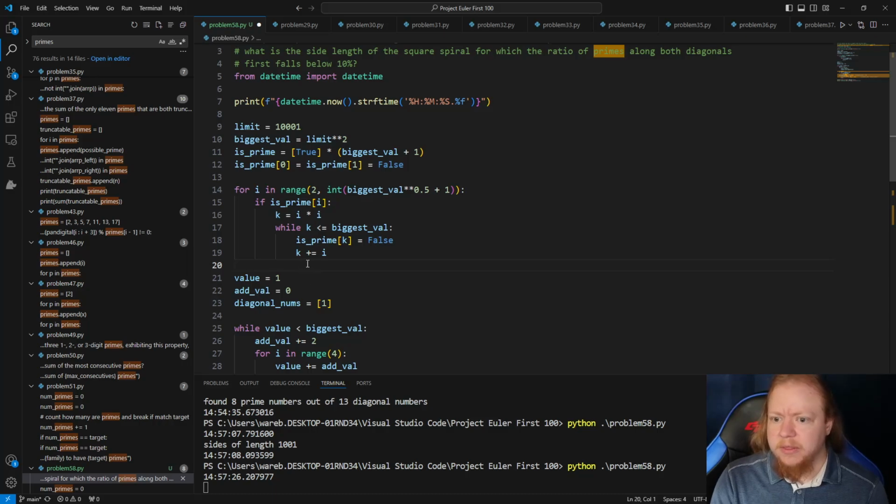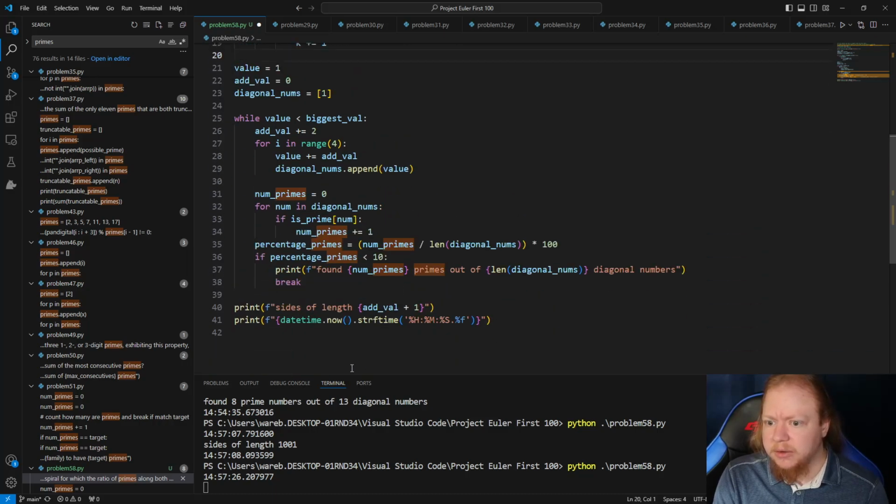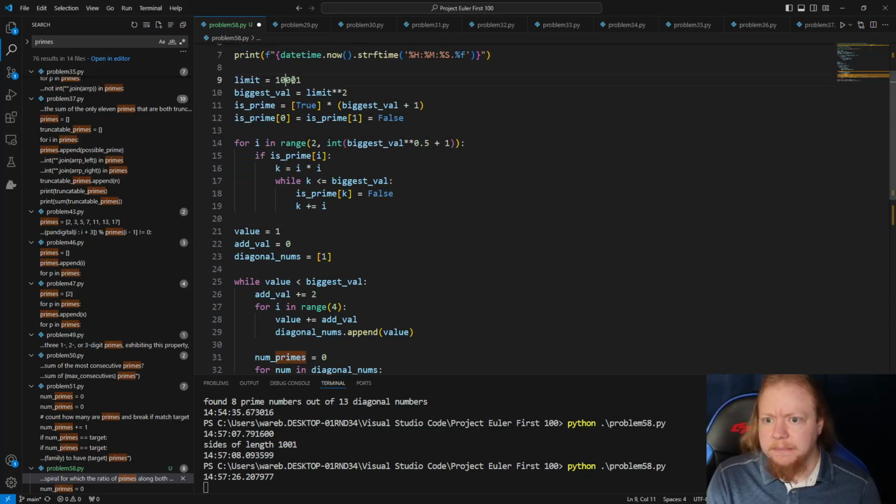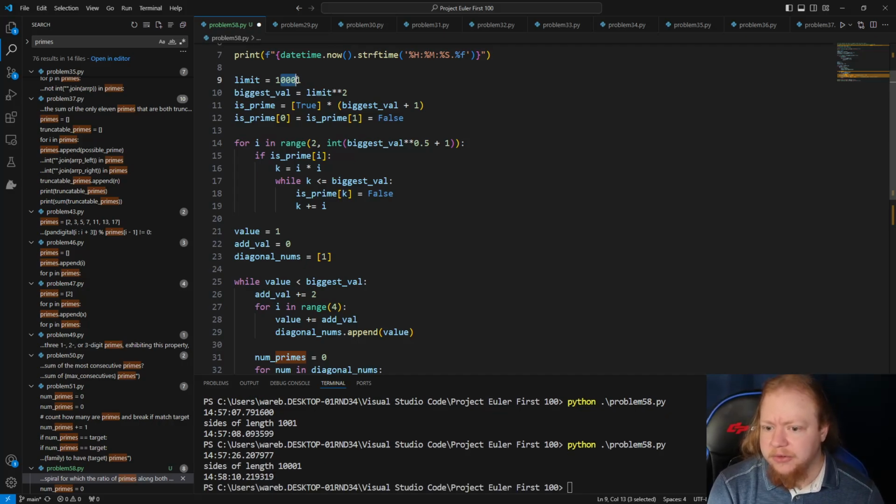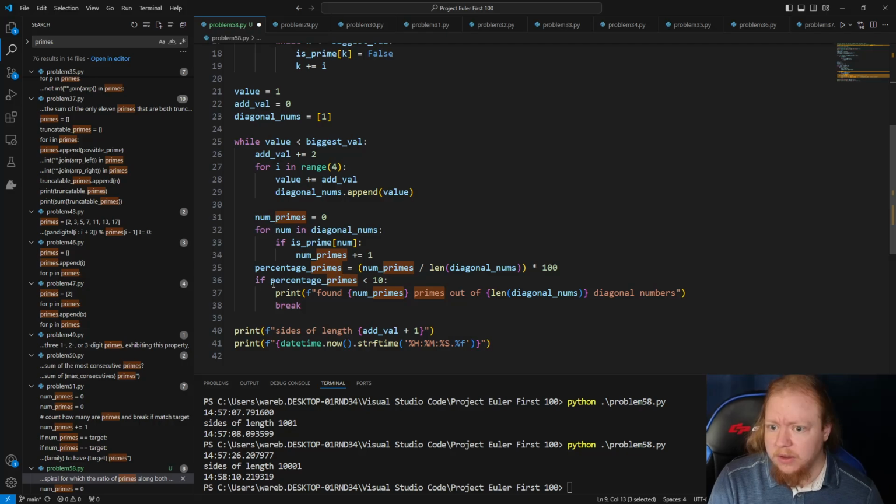I actually don't want that space there. That's just a little minor thing. And I don't actually know... Yeah, because it's all the odd numbers. And again, we did not meet our condition of percentage primes being less than 10.